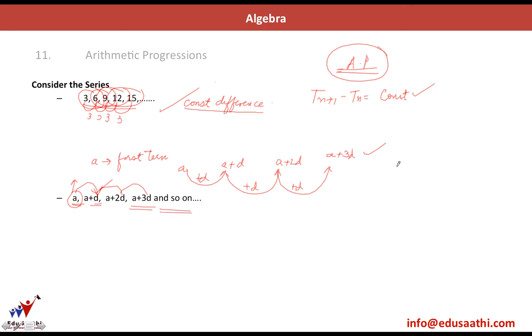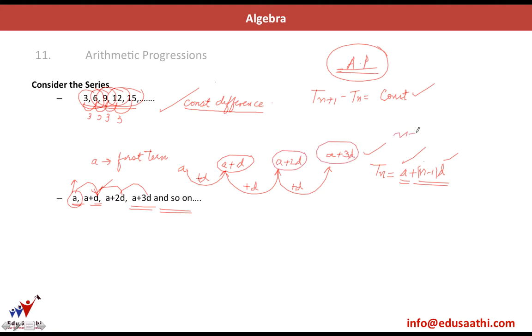In general, if I have to write the nth term, it will be A plus n minus 1 into D. A is the first term. To the first term, I add the constant difference n minus 1 times. For the second term, I am adding it once. For the third term, I am adding it twice. For the fourth term, I am adding it thrice.